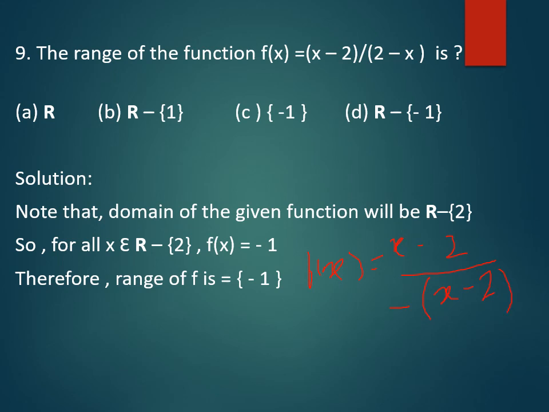So x minus 2 gets cancelled. You will get the value as minus 1. That is, f of x is equal to minus 1. This is a constant function. You know the definition of the constant function: for every element of the domain, the answer will be a constant, that is minus 1. Therefore, the range of the given function will be the set having the element minus 1. Therefore, the answer for this is option C.